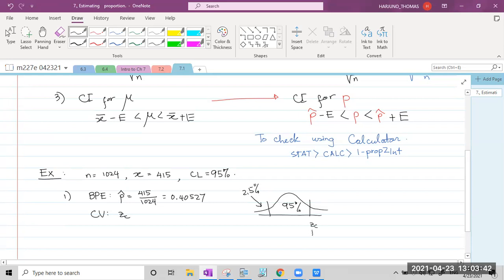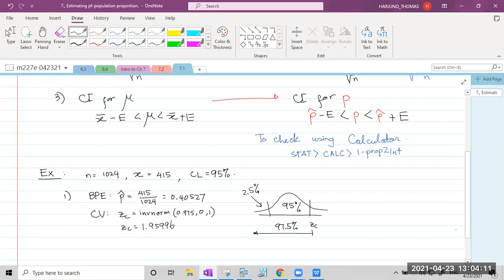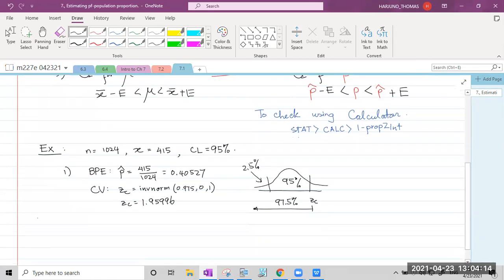So the critical value must have area to the left 97.5%. Inverse norm 0.97501, standard normal distribution, so the mean is 0, standard deviation is 1. That will be 1.95996. 95% confidence level is very commonly used in statistics, especially for social sciences, such that I basically memorized that already. It would be nice if you memorize that important z-score also.